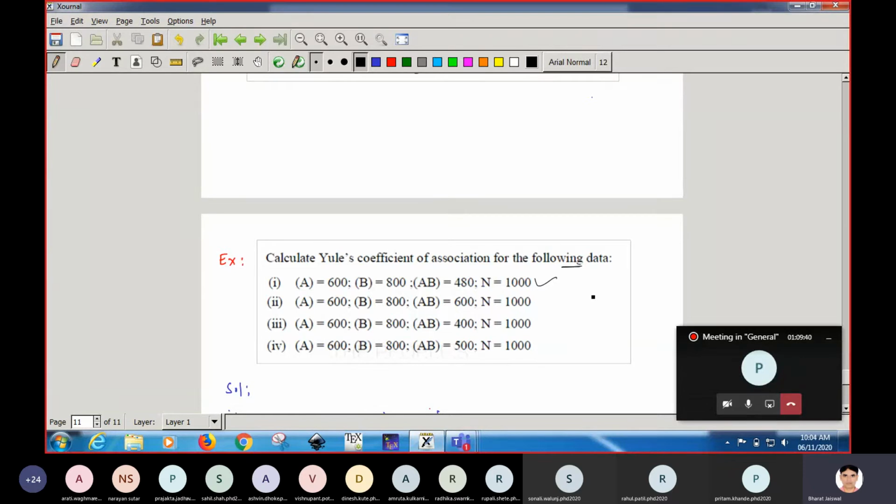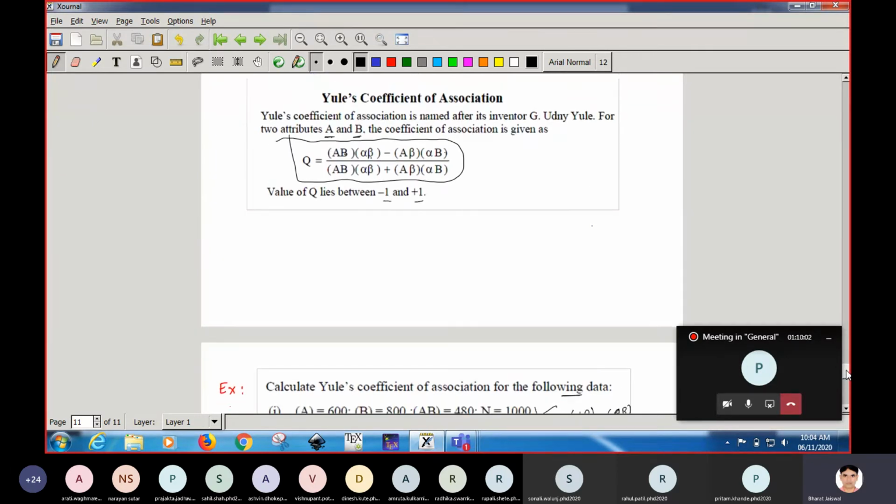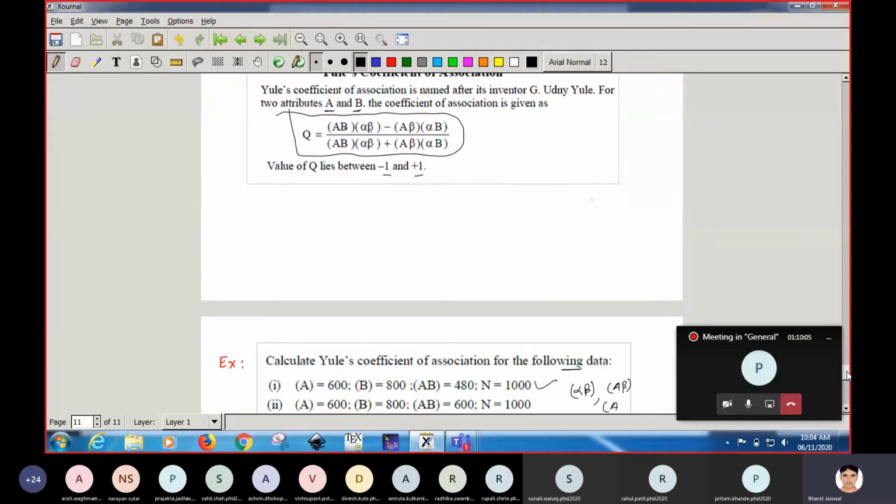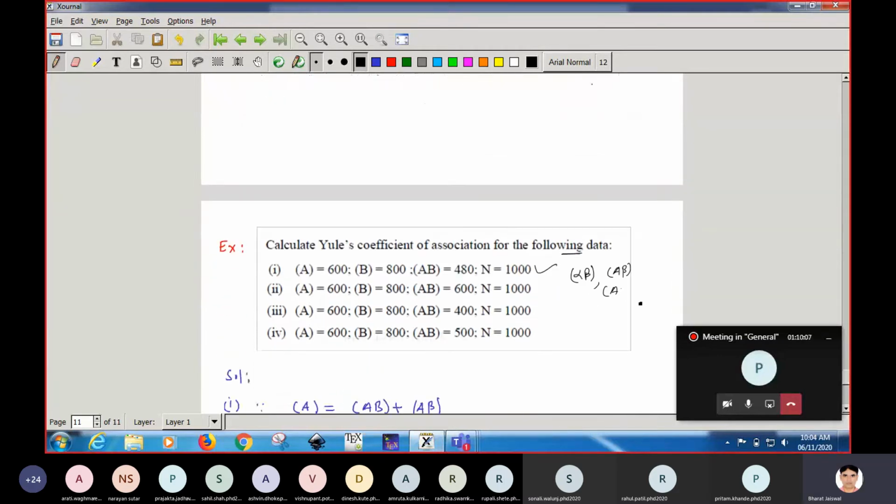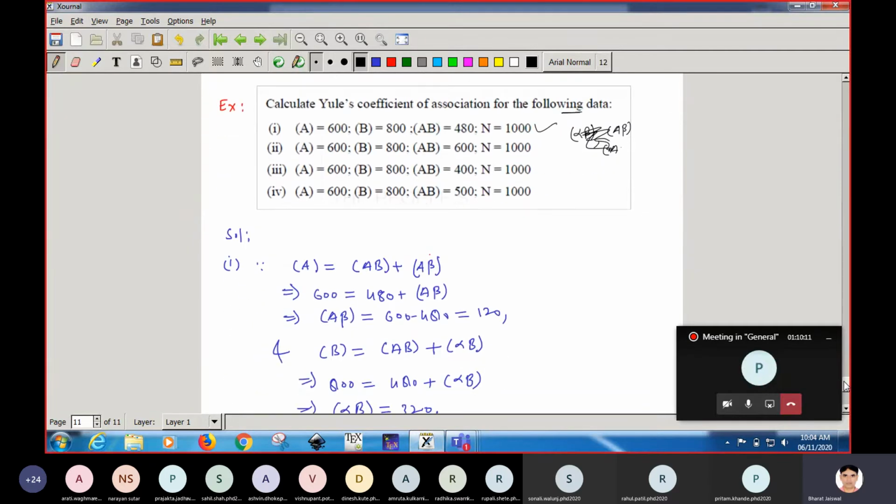What is needed here is the frequency of the classes alpha beta, A beta, alpha B, and AB. These 4 parameters are needed.